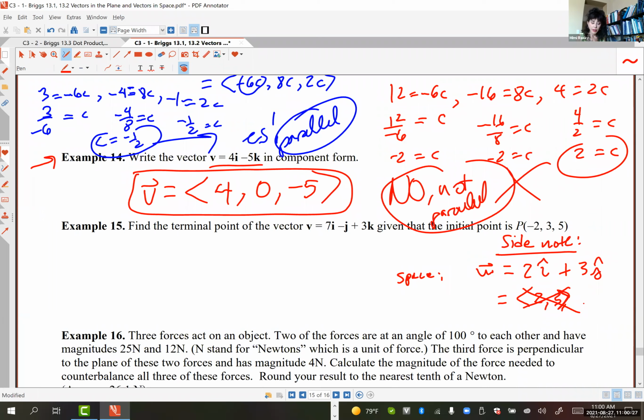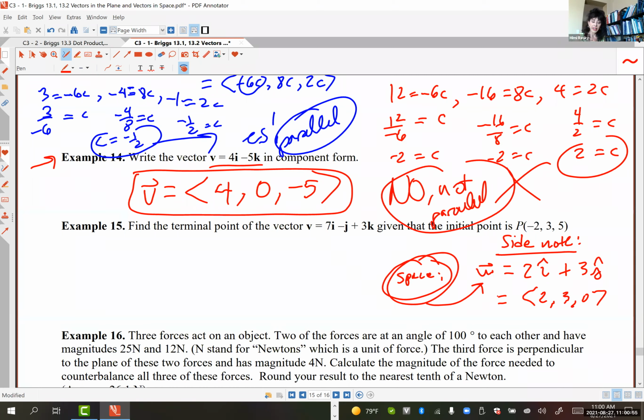There's no K. But if you are working in 3D, you have to acknowledge the fact that there is a K, even if the K is not shown in your IJK format, if you're really being told that you're working in 3D. So the correct component form for this particular vector, since they're telling us you're working in space, 3D, has a 0, and it does have a third component.